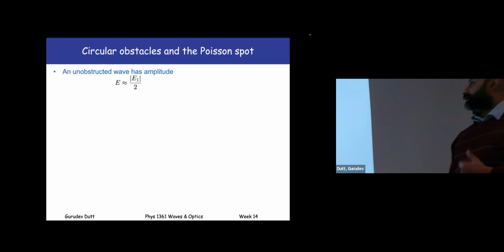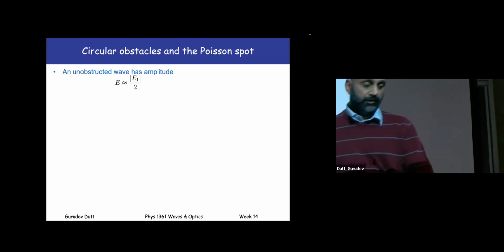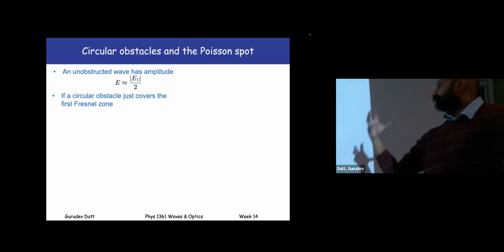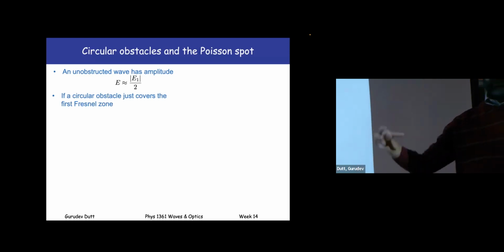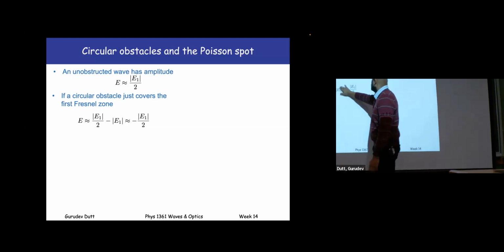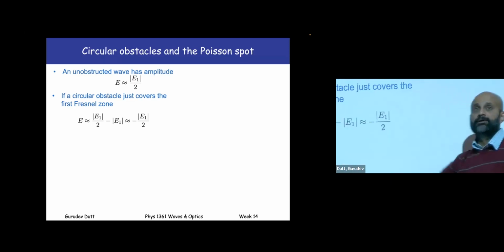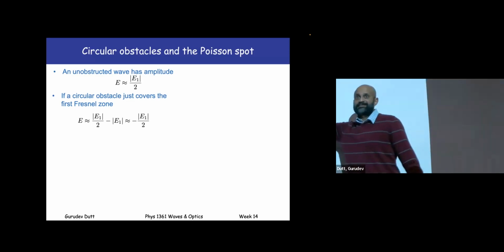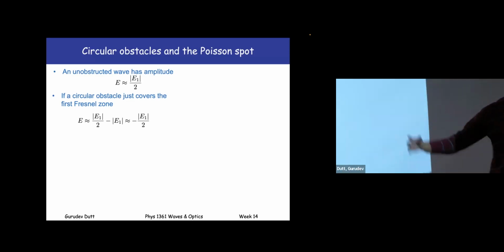So as we've already talked about, and we mentioned this several times, the unobstructed wave has the amplitude E equals the amplitude from the first Fresnel zone divided by 2. So if a circular obstacle just covers that first Fresnel zone, then the amplitude of the electric field is the unobstructed wavefront minus the amplitude from the first Fresnel zone, because mod E1 is the amplitude from the first Fresnel zone.